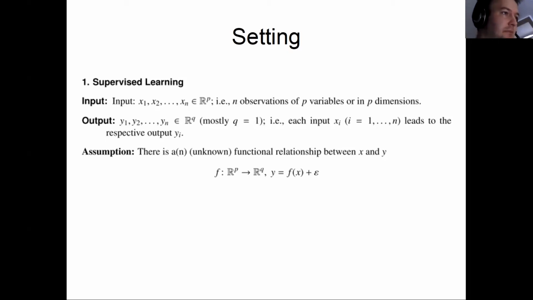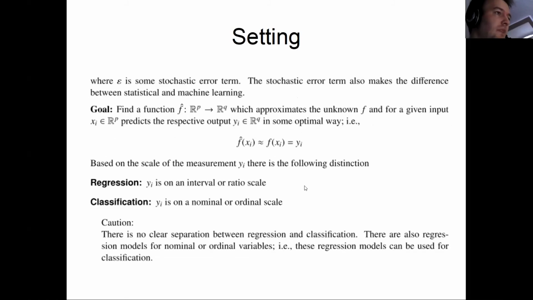We assume that there is an unknown functional relationship between x and y. So here you see the relationship. We assume that there is some unknown functional relationship, and this epsilon that you've just seen is included if you do statistical machine learning.